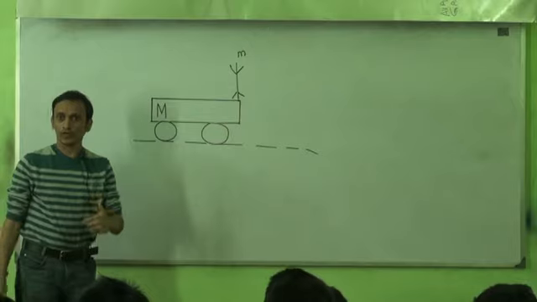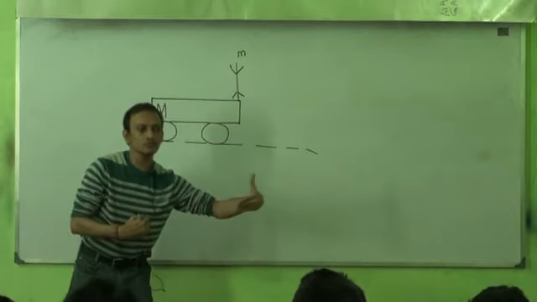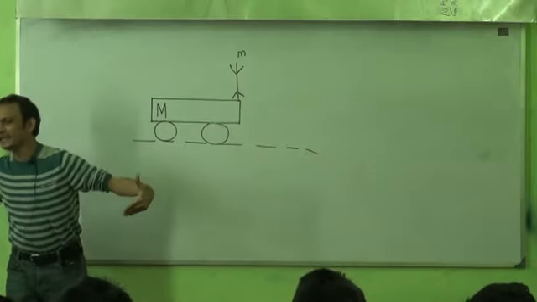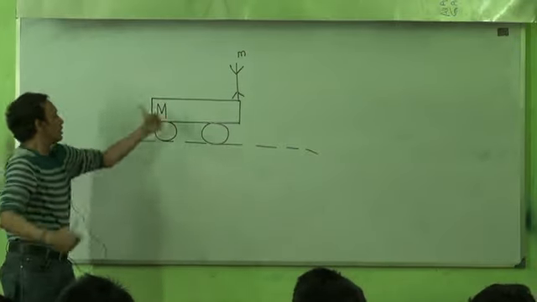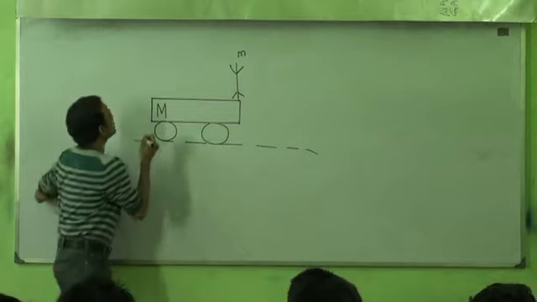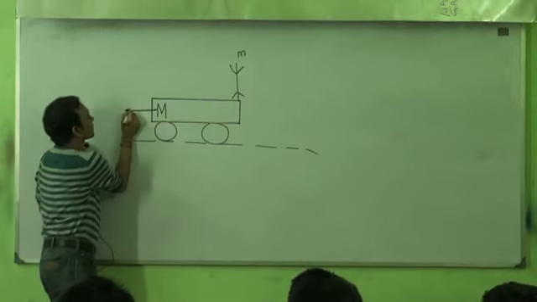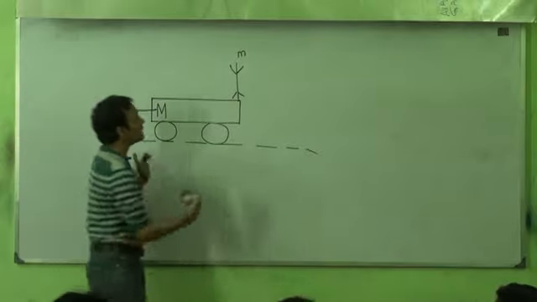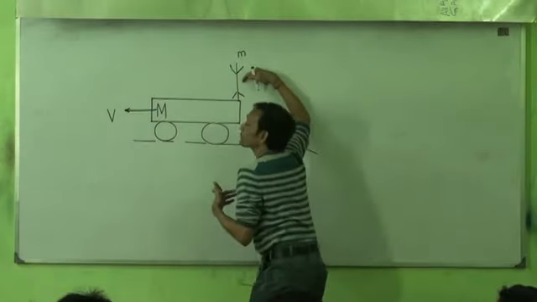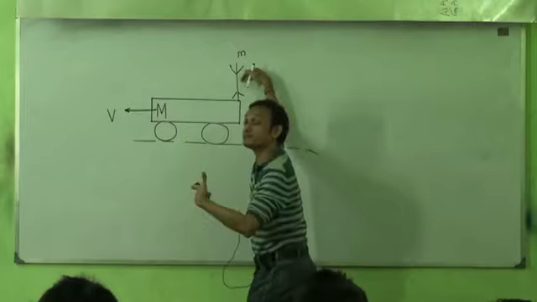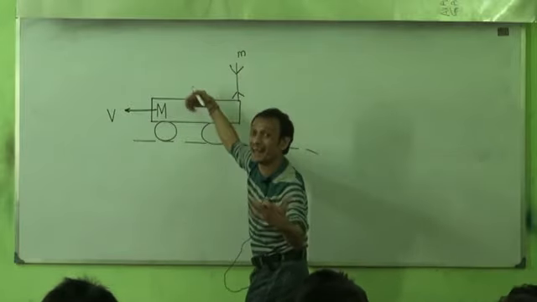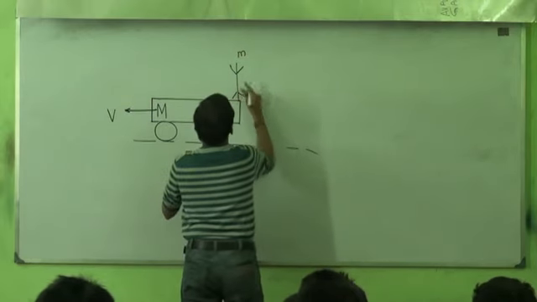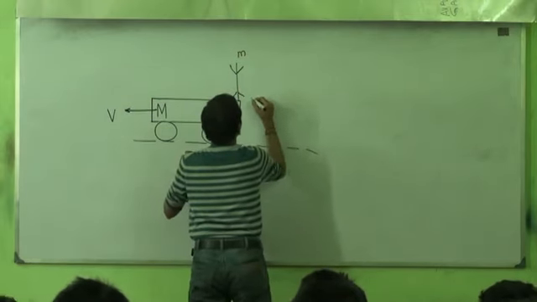So then what transpires is, if the man jumps out of the trolley, the trolley instantly develops an opposite velocity. Let's say the trolley develops a velocity v, and at the same instant small m develops a velocity u rel with respect to the trolley, relative velocity with respect to the trolley, the man, that means when he's just out of the trolley.